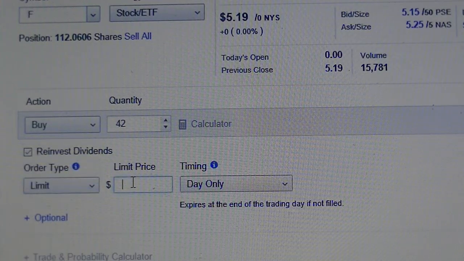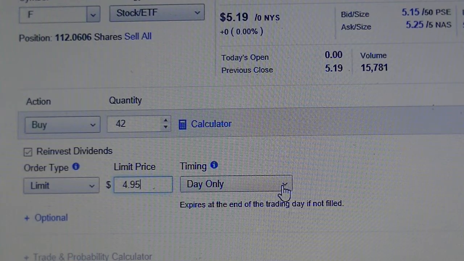And the limit price is what I'm going to set here, and it has traded here because of the way I enter. It's not showing me how it traded on Friday, but I'm going to set probably $4.95.